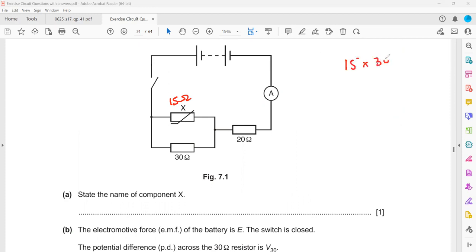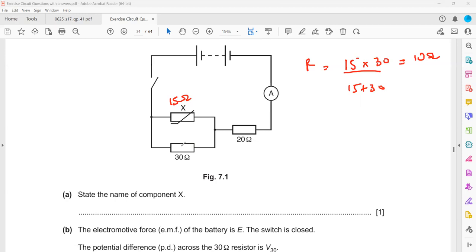So it will be 15 into 30 divided by 15 plus 30. What's the answer for this part first? 15 into 30 divided by 15 plus 30 equals 10.